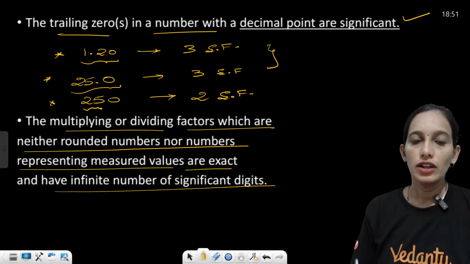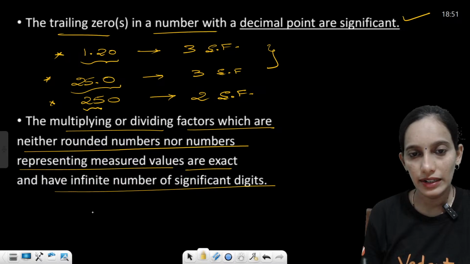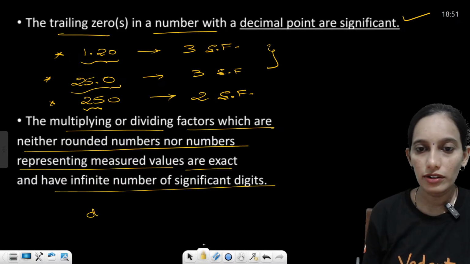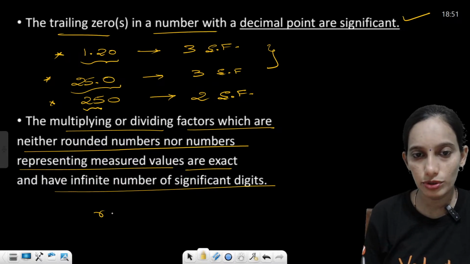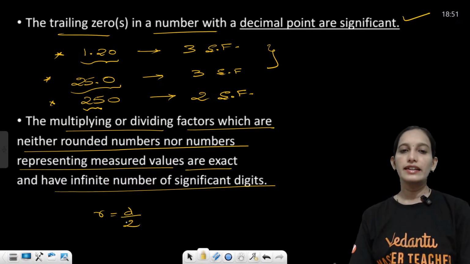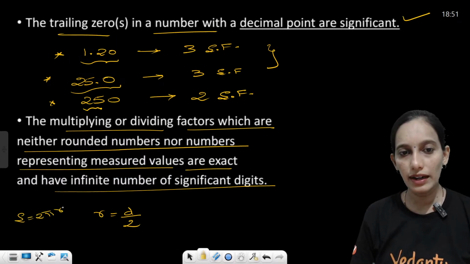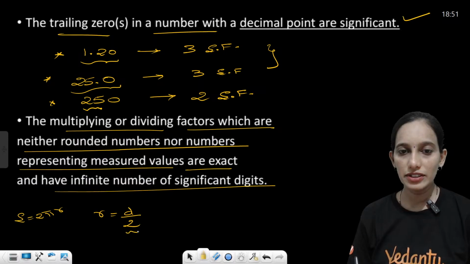So here, I'll give you one formula: radius is diameter by 2. We usually use this formula. Hope you are all familiar, right? Radius is diameter by 2, or circumference is equal to 2 pi r. Here, this 2 is a number, right?